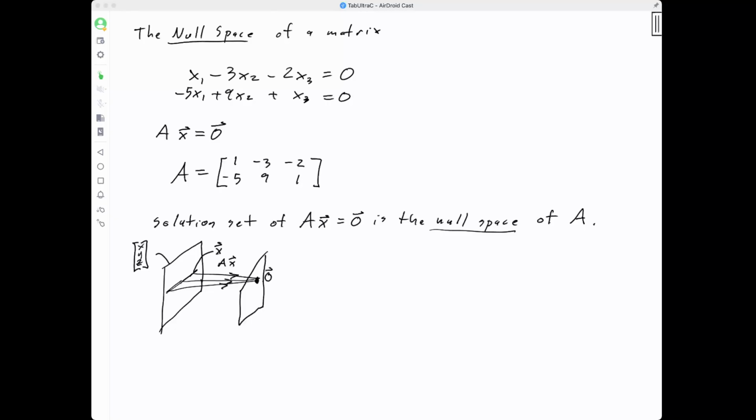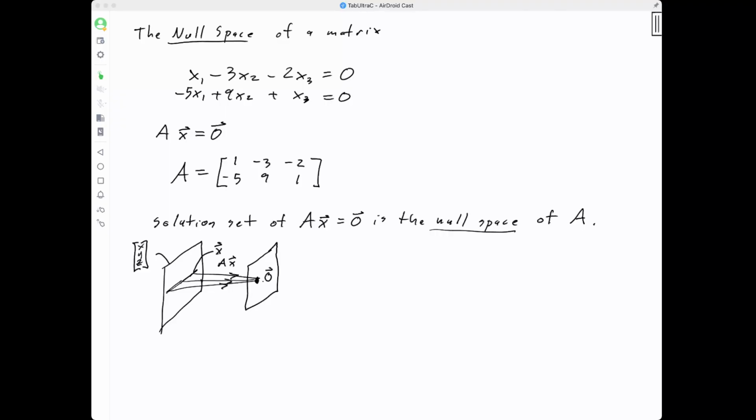I'm going to try to draw that a little better. So we get something along those lines. All of those vectors get turned into the 0 vector when we multiply them by the matrix A.